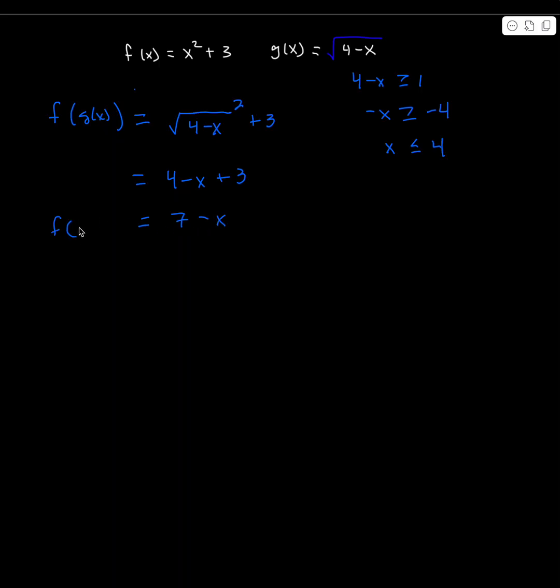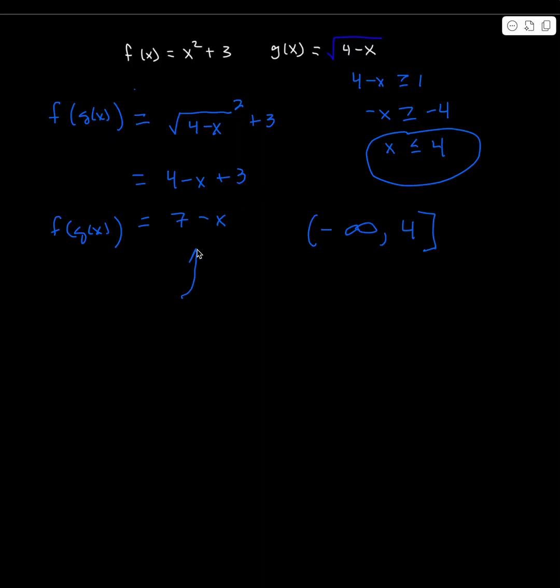So the final composite function is this. We look, there are no restrictions after we have simplified everything. So our only restriction is that x must be less than or equal to 4, which gives us a domain of negative infinity to 4 inclusive, since 4 can be included.